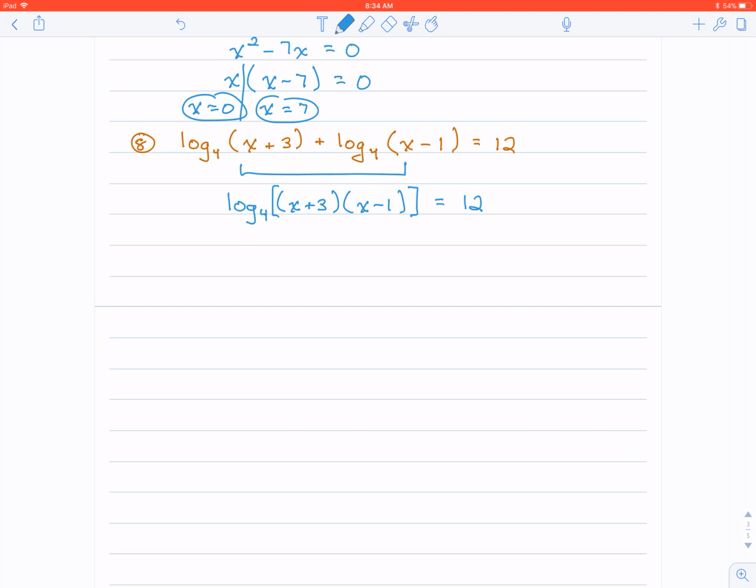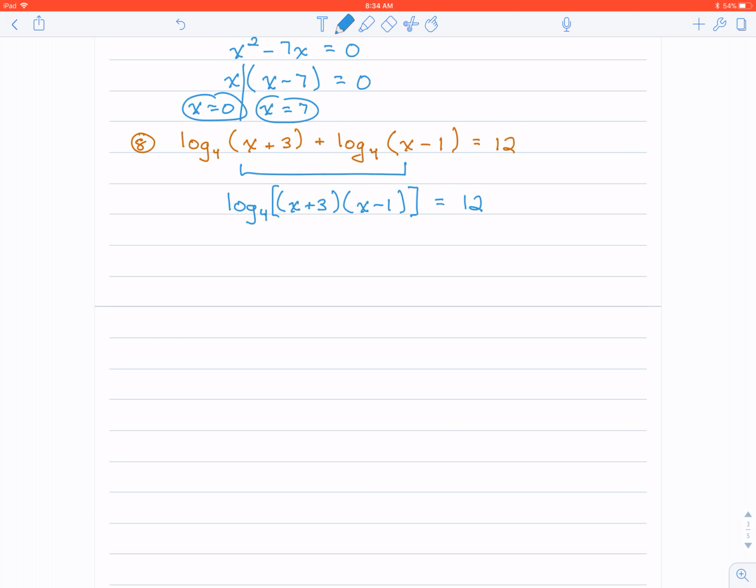Okay. And so now at this point, oh shoot, sorry. I think I was trying to make up a new problem and I wrote this wrong. It's not going to work nicely. The idea would be that you would just do the log rules at this point.